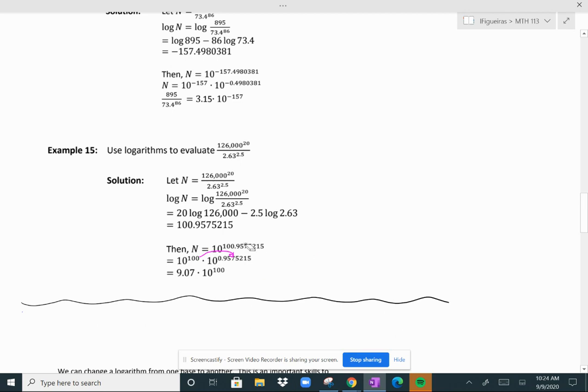Okay, but this number, 10 to the 0.9575215, is 9.07. So n is 9.07 times 10 to the 100th. Again, leaving that in scientific notation, what that means is that you would have to move this decimal place 100 units to the right to get the actual number. So it's clearly a very large number.